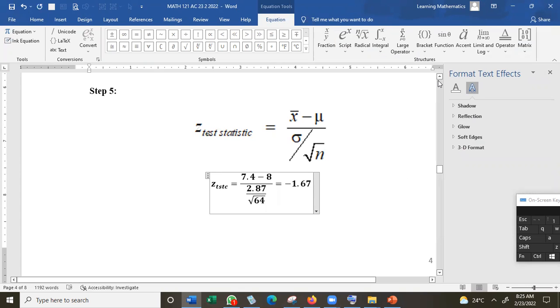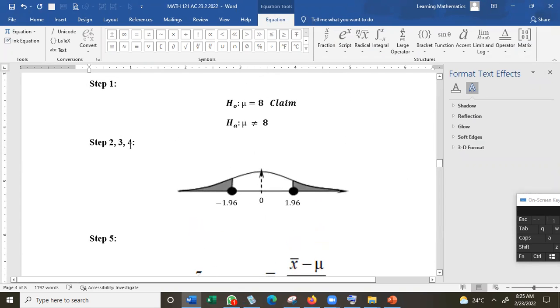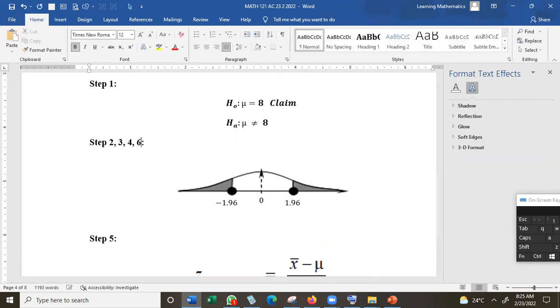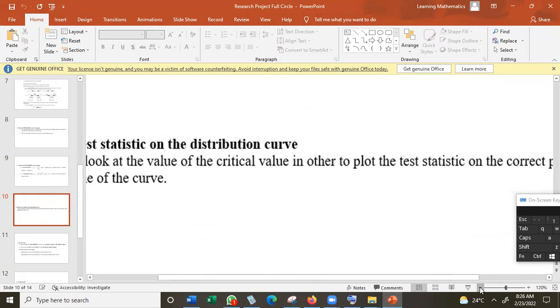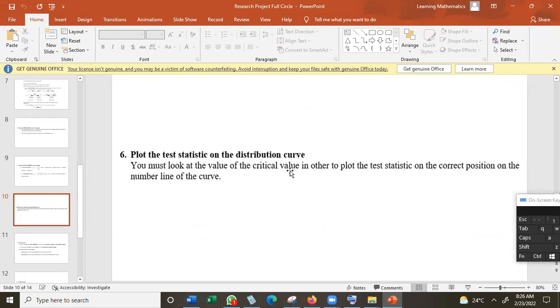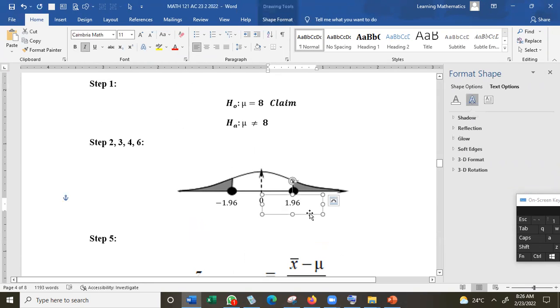So step number 6 now. Step number 6 says that we have to place the z-test statistic on the curve. So we have to go back to the curve with the z-test statistic. Bear in mind, this is the critical value approach, so we're comparing the critical value with the test statistic.